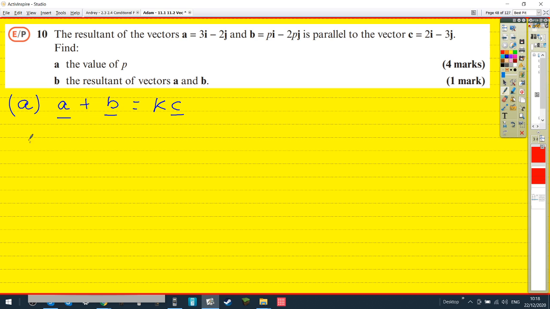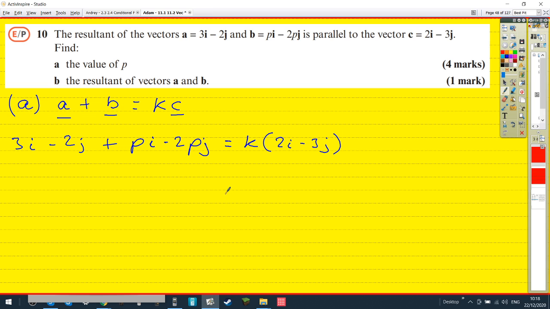So A is 3i minus 2j. B is Pi minus 2Pj. And that's equal to K times 2i minus 3j.